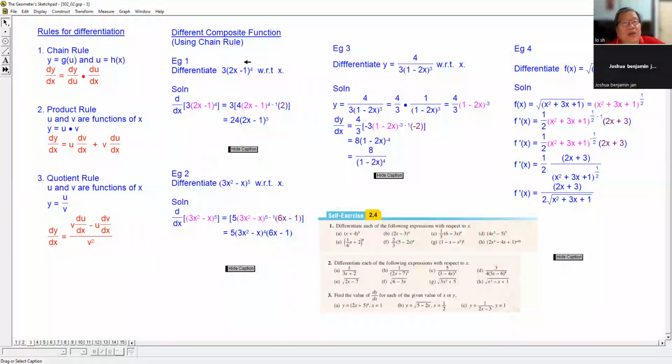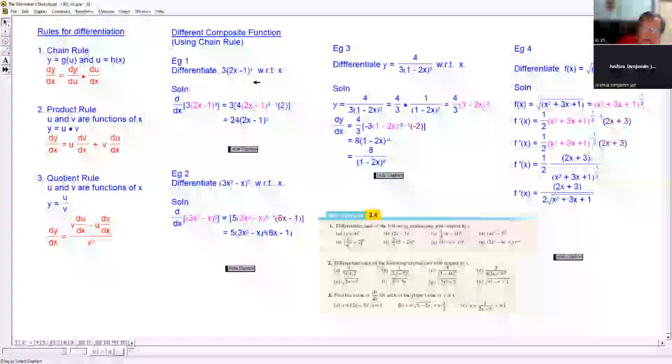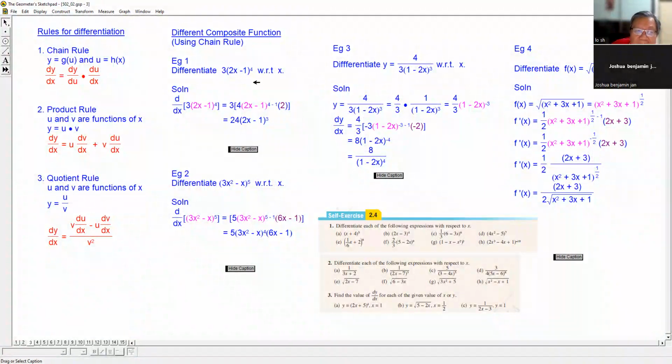Okay, so we copy down this function, 3 bracket 2x minus 1 raised to the power 4. You look at the bracket part, where I color them pink, right?